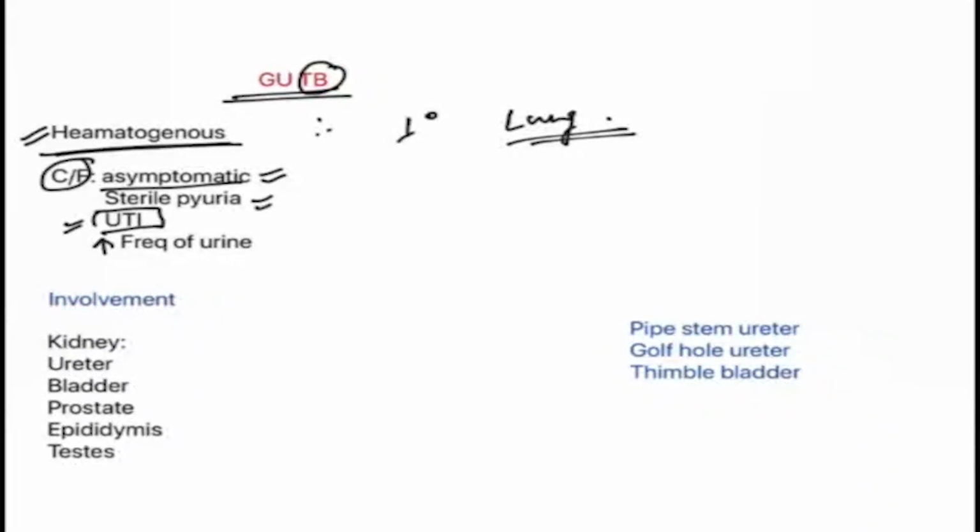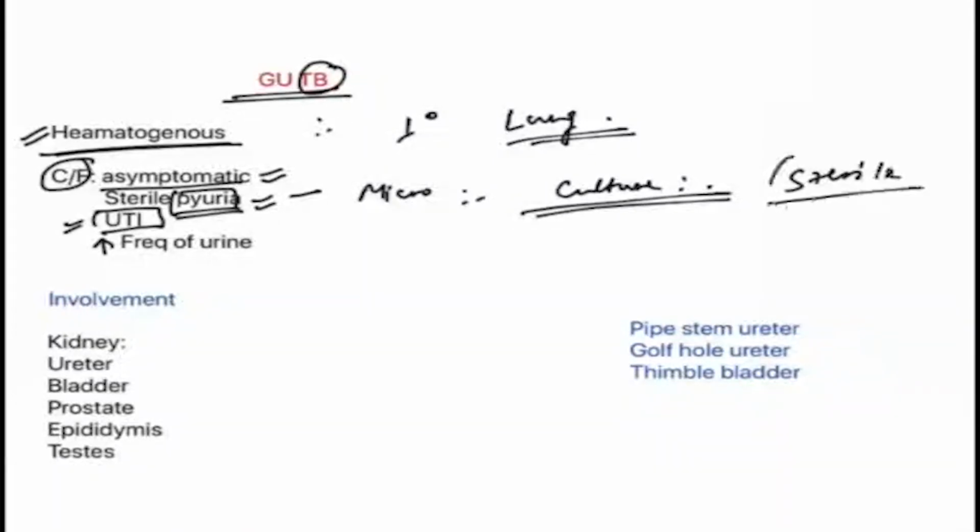Sometimes patient presents with urinary tract infection and pyuria is present on microscopic examination, but culture is always sterile. So these are called sterile pyuria.